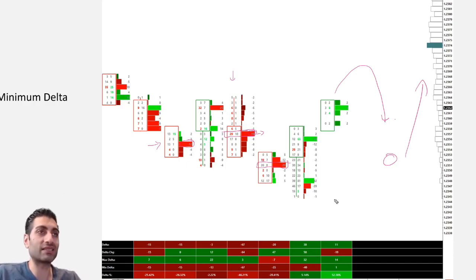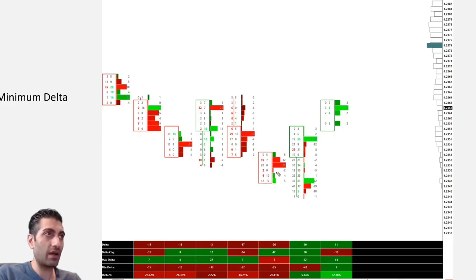We'll get onto that later. The whole point of this exercise is to explain what the delta is and why not only me, but also all institutional players are looking at it, generally on an individual candle diagonally, to figure out where the imbalance is. Imbalance, what does that mean? More buyers than sellers, or more sellers than buyers.